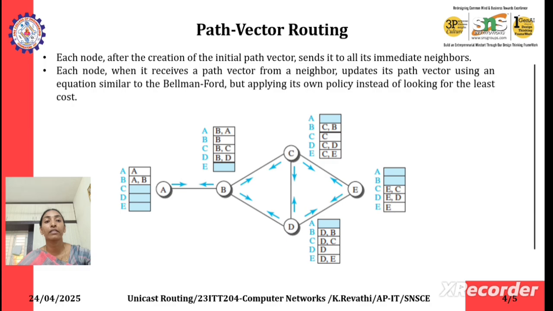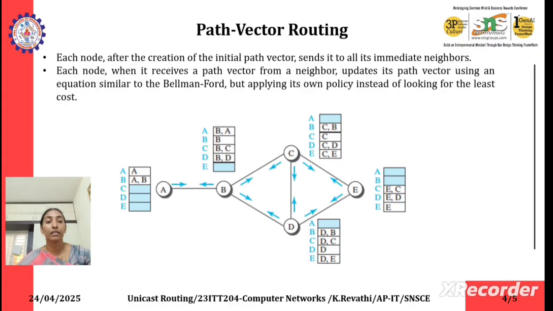Then how to calculate a routing table in the C node? There is no direct path from C to A, so it is denoted as unknown, and from the C node the immediate neighbors are B, D, and E. It will be denoted in the table. For the D routing table, there is no direct link between D and A. It can be denoted as unknown distance.